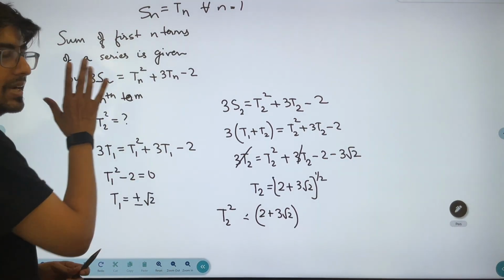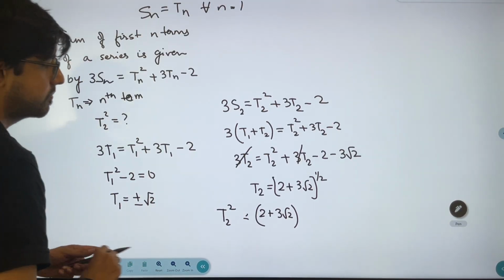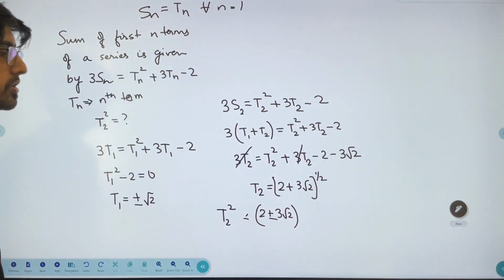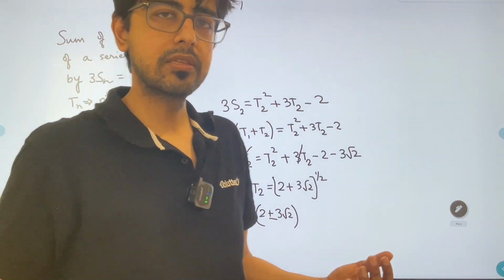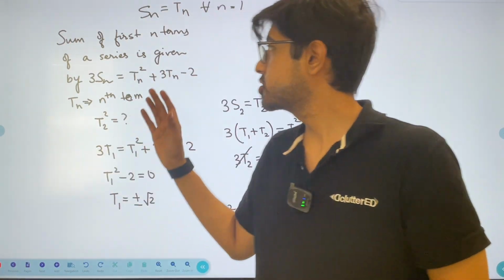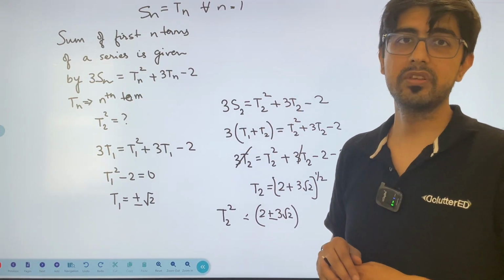Now, if that condition was not given, and since it is a square, it would actually have been 2 plus or minus 3 root 2 as an answer to this. Depending on whether it's a multiple choice answer or a single choice answer, there should be some additional information provided to us to be able to solve this question further.